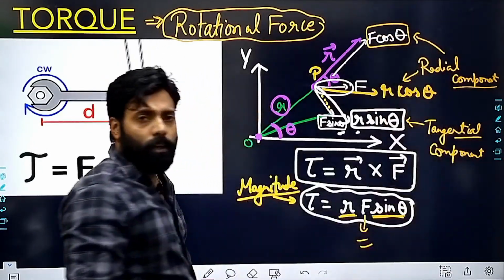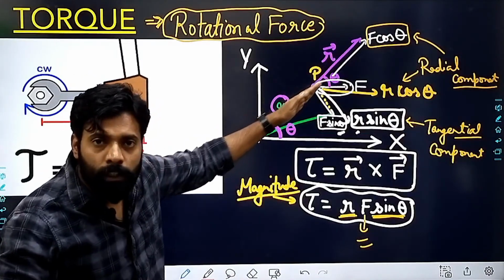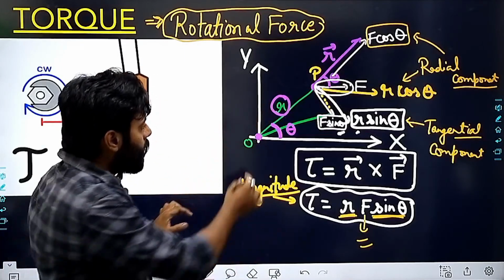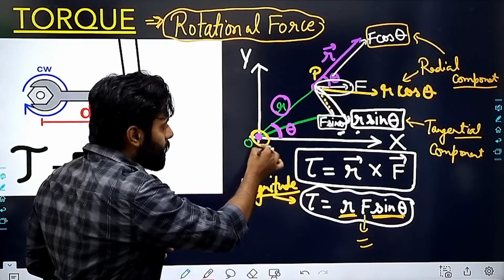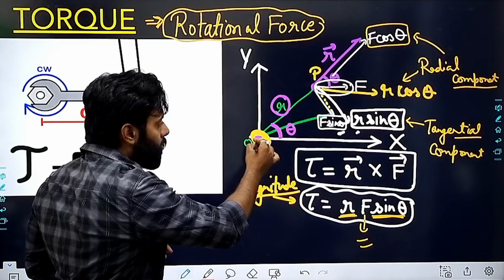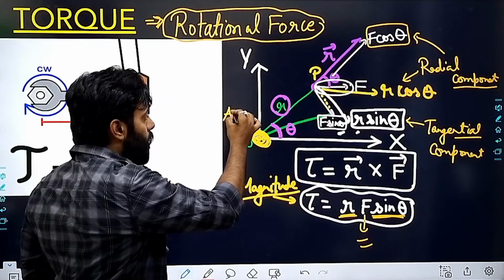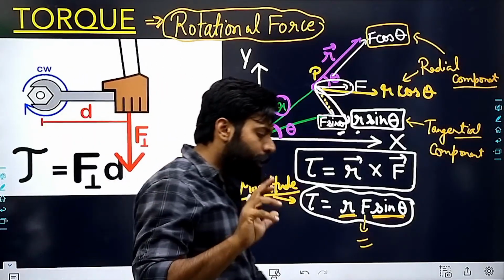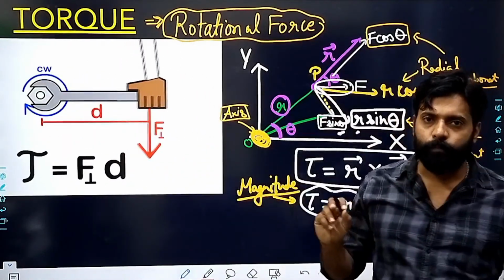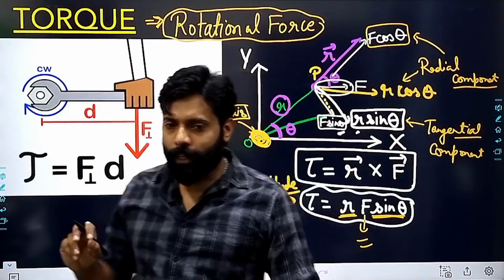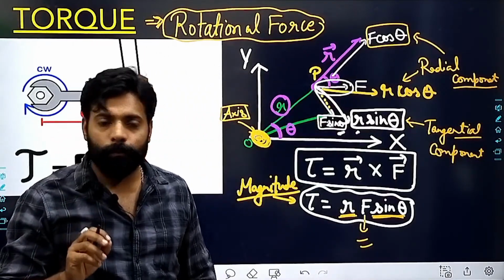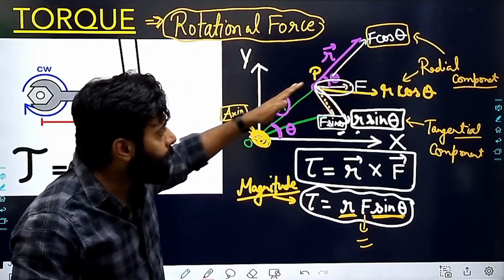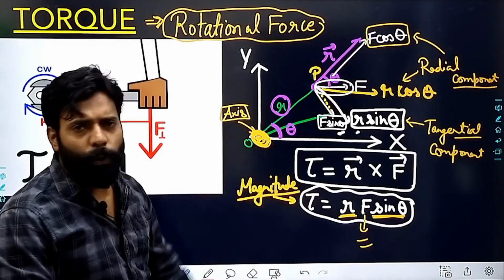Radial components are those directed towards the radius, so this force is passing through the axis which we are taking. So there is no contribution to torque from these components, no contribution from this F cos theta. So this is how we are going to calculate the torque.